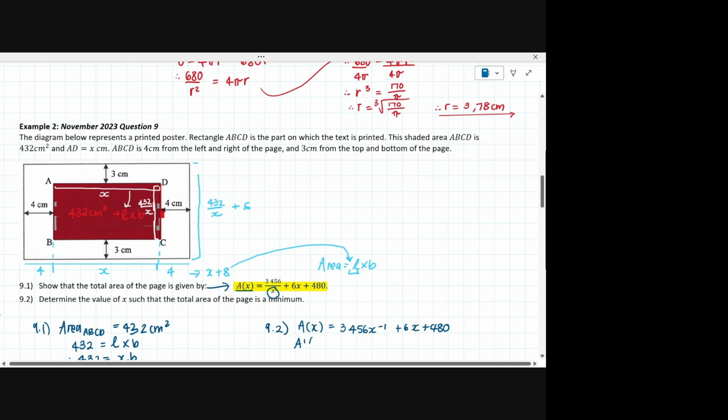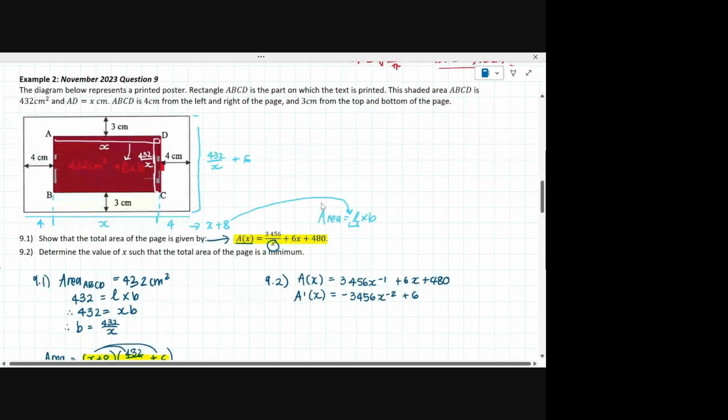So the derivative of the area in relation to x would be minus 3,456 x to the negative 2 plus 6. The x falls away, and obviously that constant falls away. We're finding the first derivative, so we make this equal to 0. And again, I would now write that with a positive exponent. So minus 3,456 over x squared plus 6.